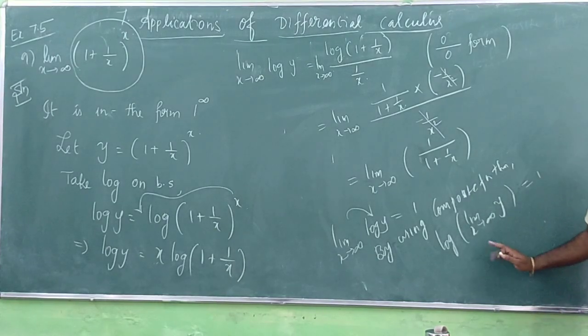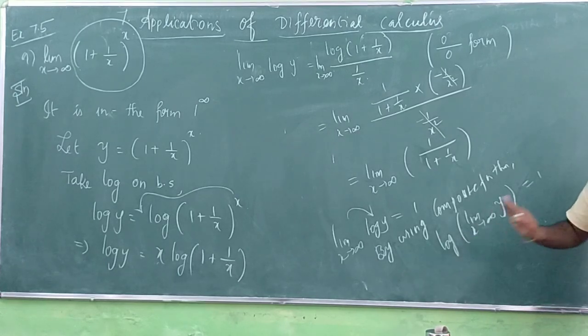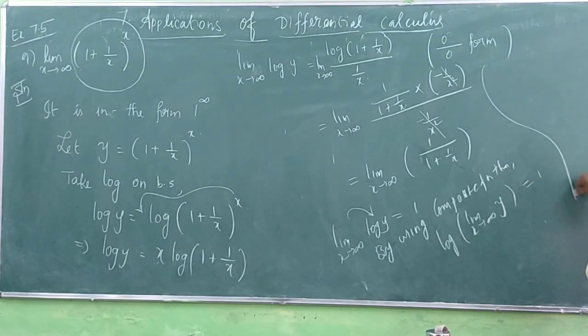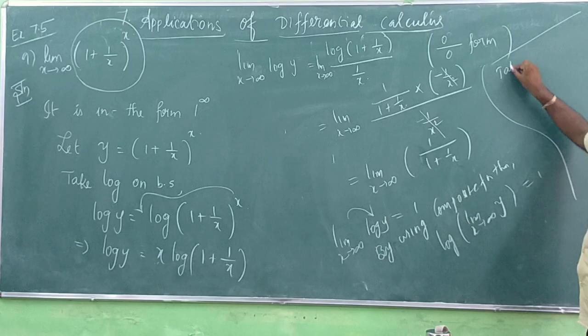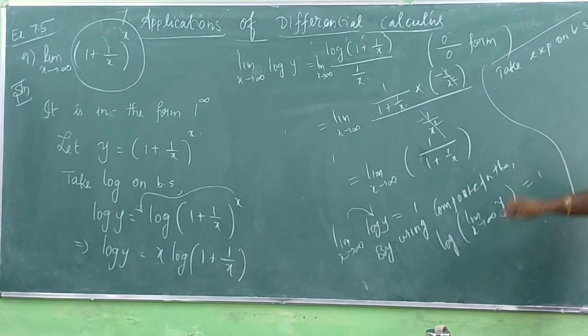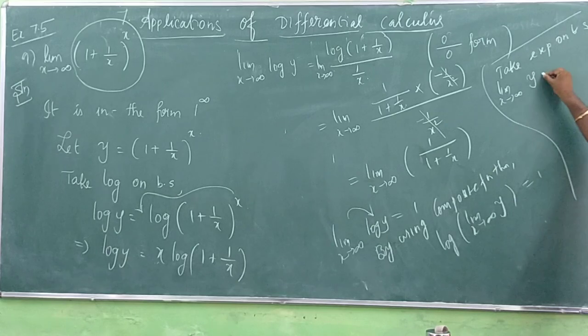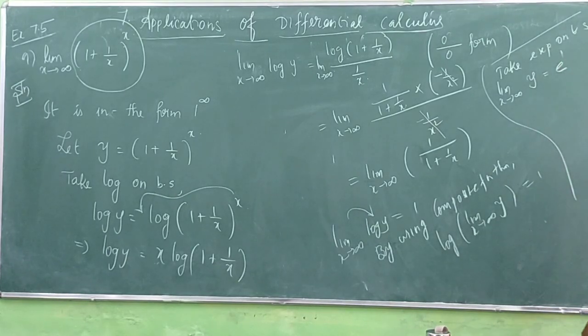In the next step, you have to cancel the log. If you want to cancel the log, now we have to take exponential on both sides. When you are taking exponential, the log will get cancelled. So limit x tends to infinity y is equal to e power 1.